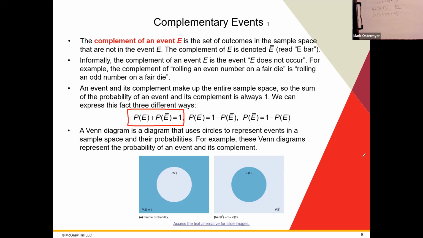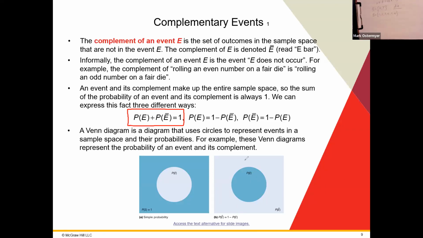If event E is the event that a computer, let's say logic gate, is in a high voltage state, what would be the complementary event to that event? Well, the complementary event would be to say that it's in a low voltage state. Okay.